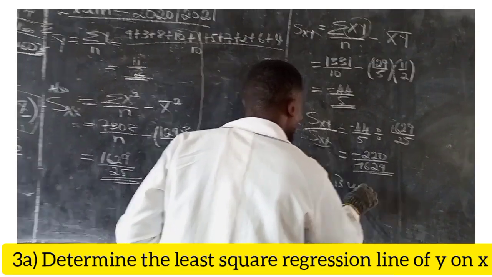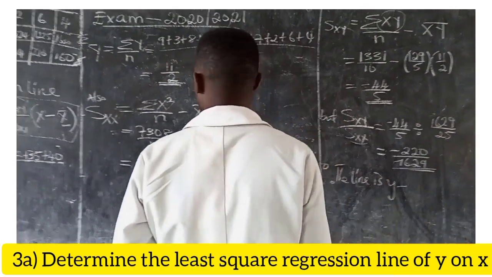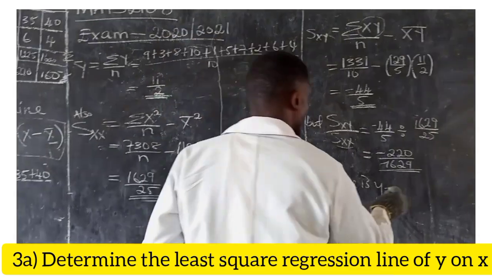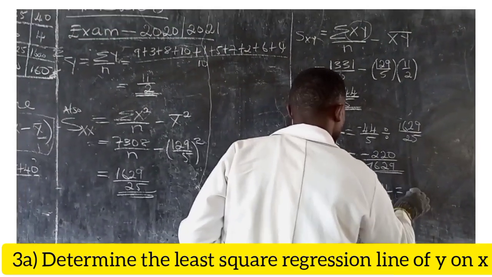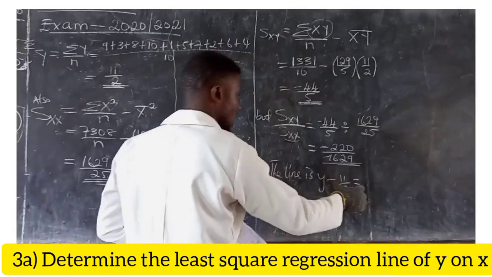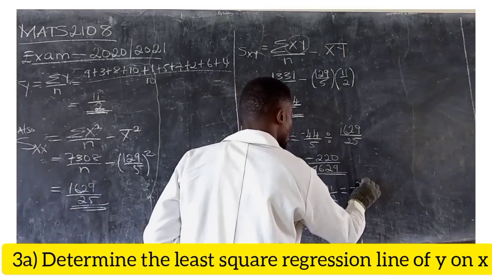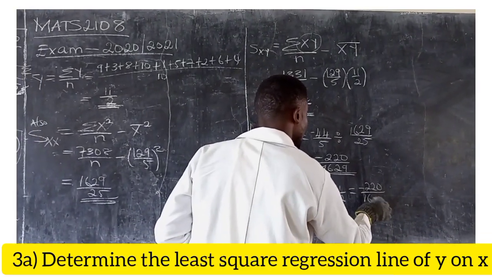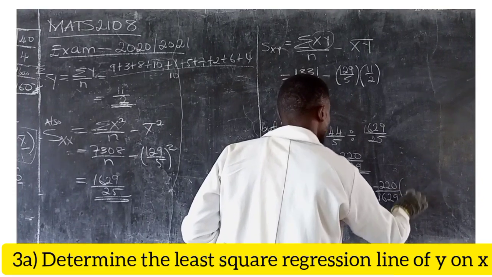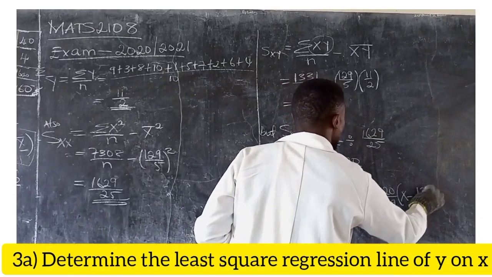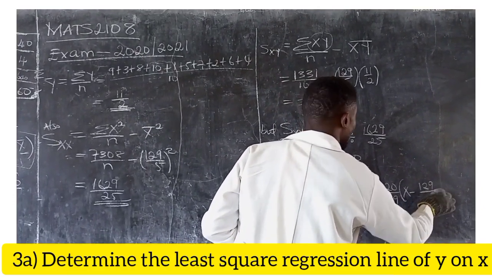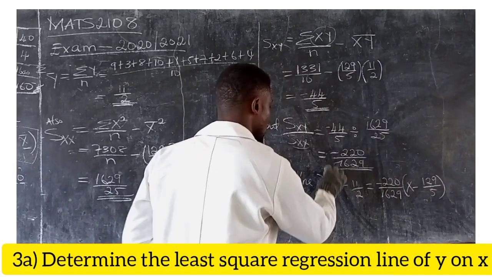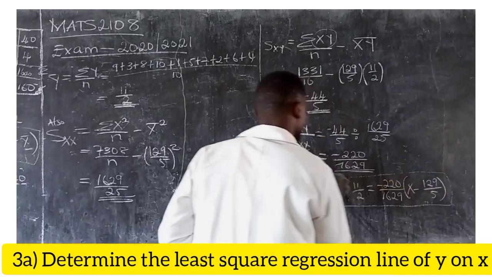Therefore, the line is y minus y bar. The y bar was 11 on 2, which is equal to this guy, negative 220 on 1629, into x minus x bar, 129 on 5. This is our regression now.